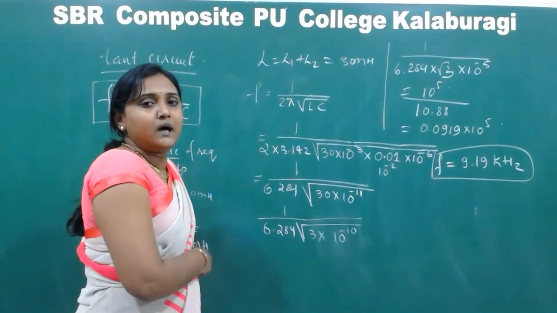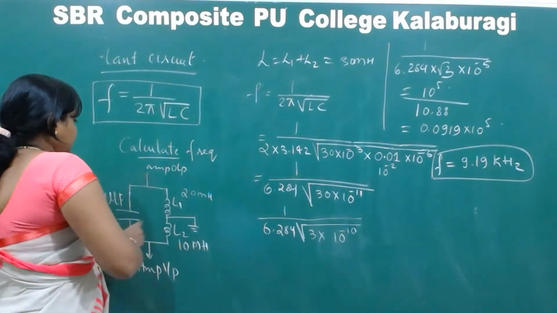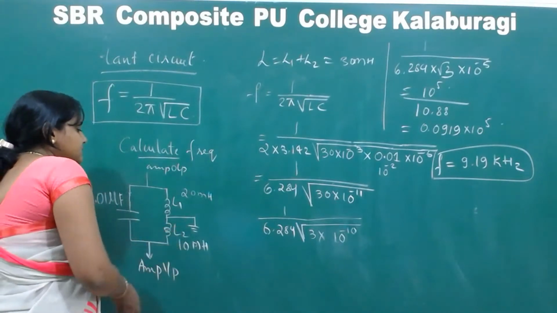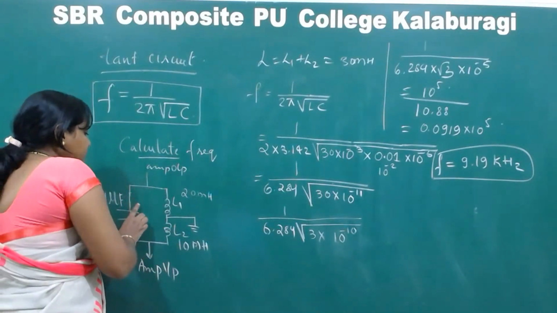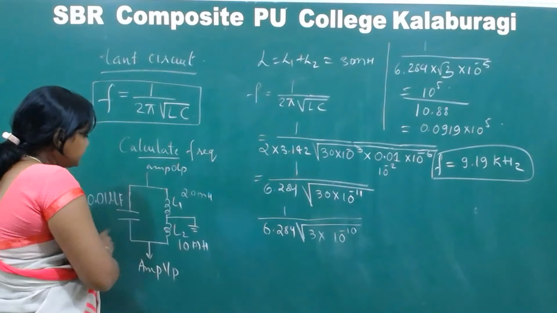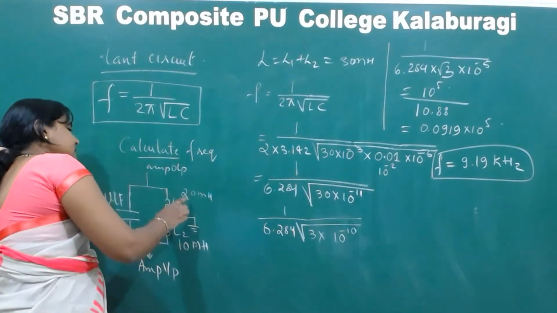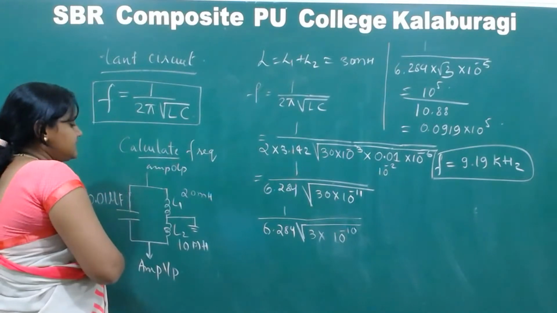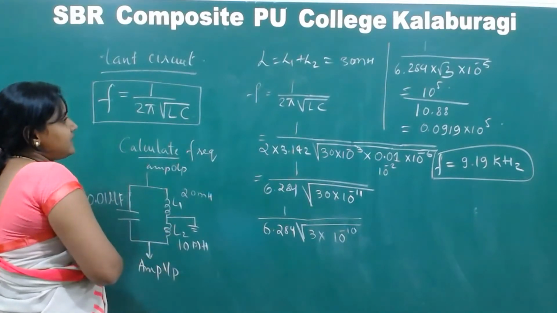Here, so how to do this? I have taken an example of a tank circuit having one capacitor and one inductor. If two capacitors are there, you have to take the equivalent value. If two inductors are there, you have to take the equivalent value connected in series. So in series, inductors are L1 plus L2.